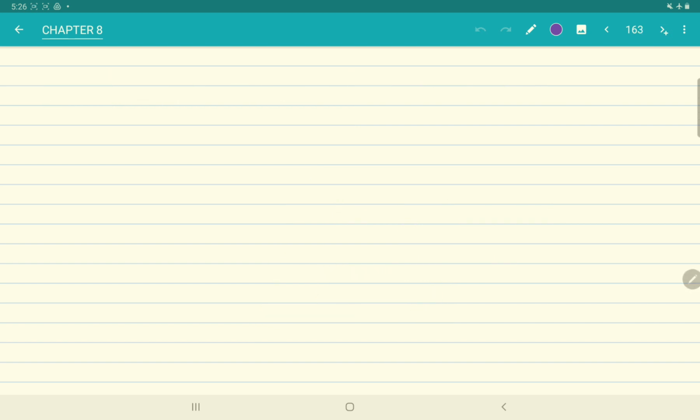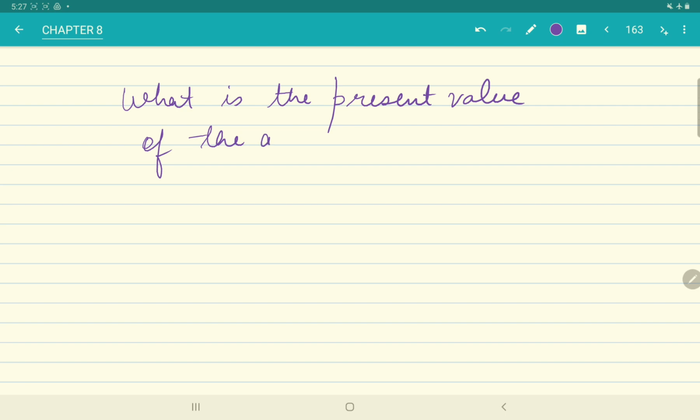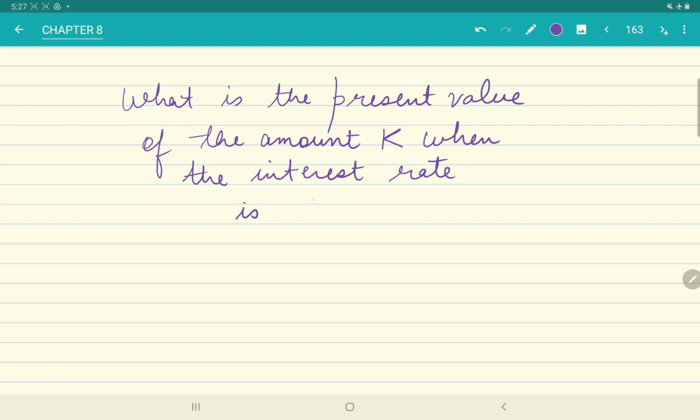So the question here is, what is the present value of that amount K when the interest rate is P% per year?